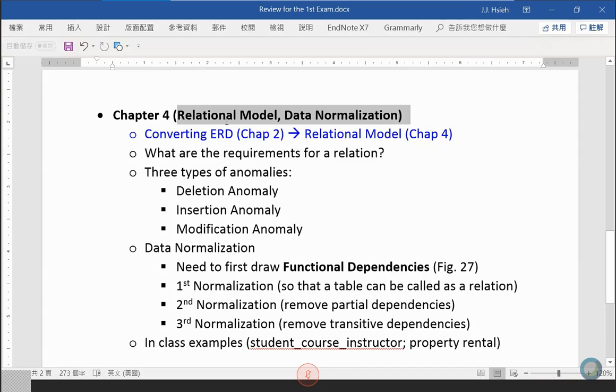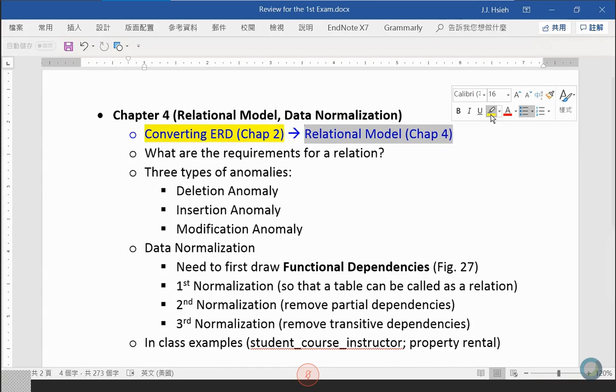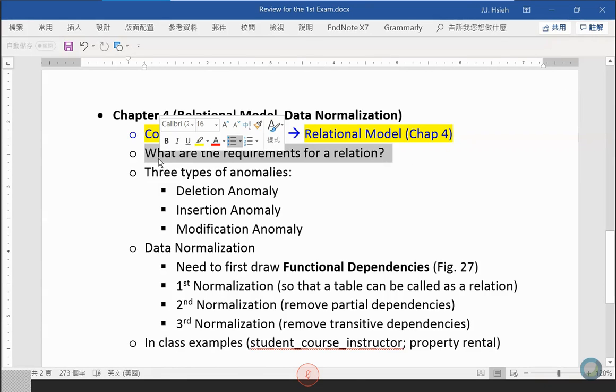What you need to do is understand how to convert from chapter 2's ER diagram to the relational model in chapter 4. The first and most important thing is to understand what the requirements for a relation are. So under what conditions can a table qualify as a relation?